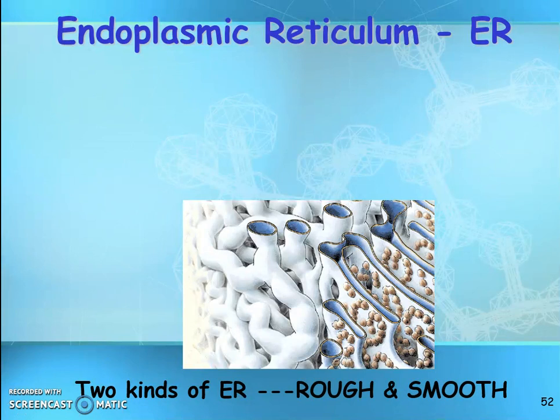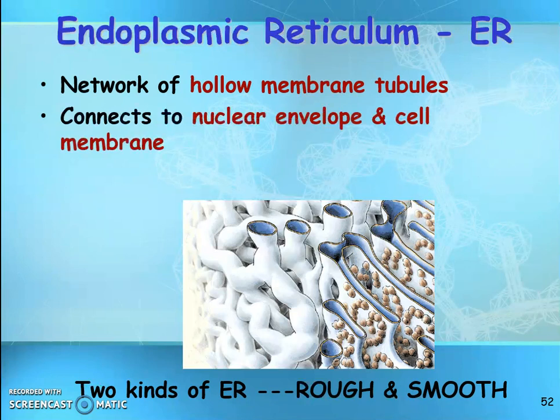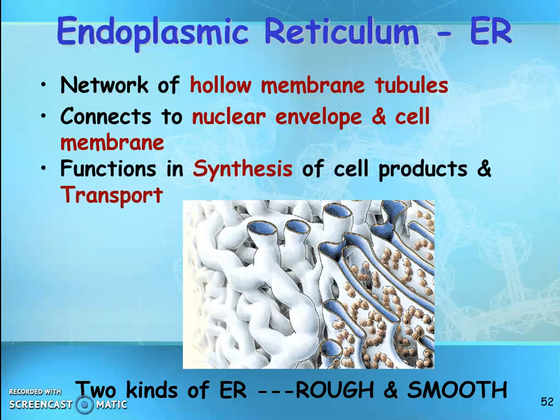Endoplasmic reticulum, also called ER, is a network of hollow membrane tubules that connects to the nuclear envelope and the cell membrane. They function in the synthesis of cell products and transport. There are 2 kinds of endoplasmic reticulum: the rough endoplasmic reticulum and the smooth endoplasmic reticulum.